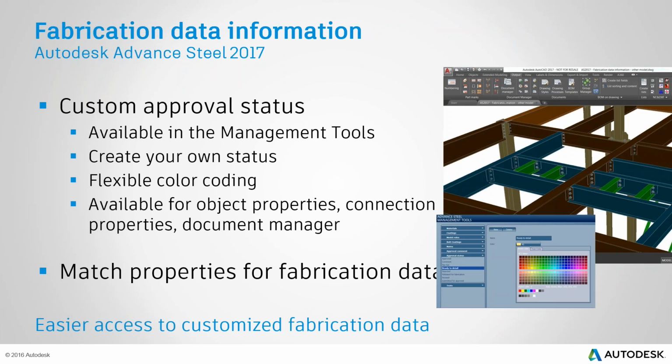The fabrication data properties can be transferred from some assemblies to other assemblies by using the match properties command, and the tokens for that fabrication data information are also available for our bills of materials and lists on the drawings. These statuses can be user defined, so you might have something that's been painted, shipped, erected, and there's no real set list in there.